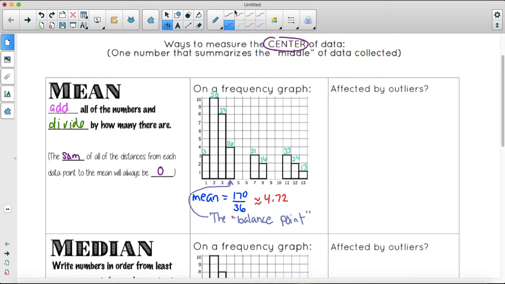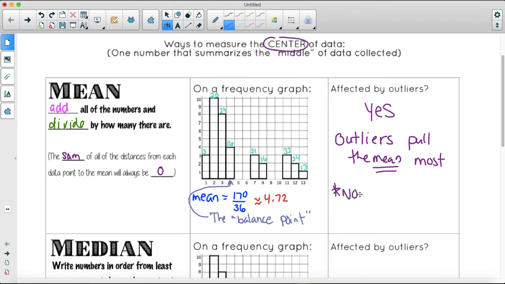The mean is affected by outliers, because outliers pull the mean the most. So we would call this non-resistant to outliers. Non-resistant means that it is affected by them.